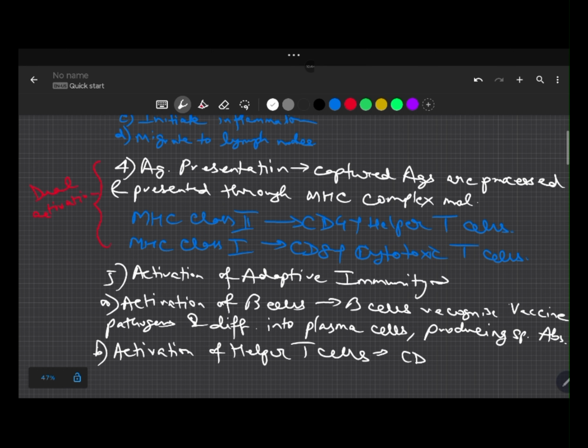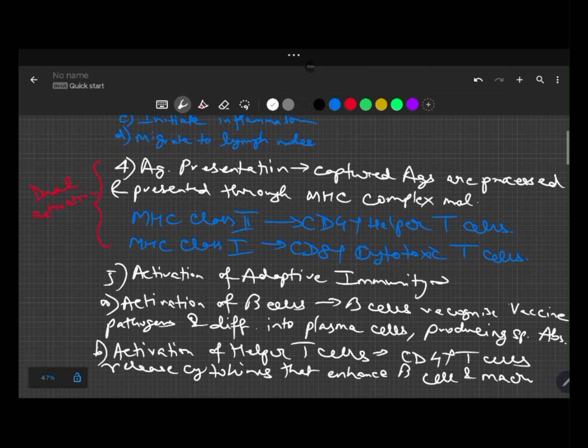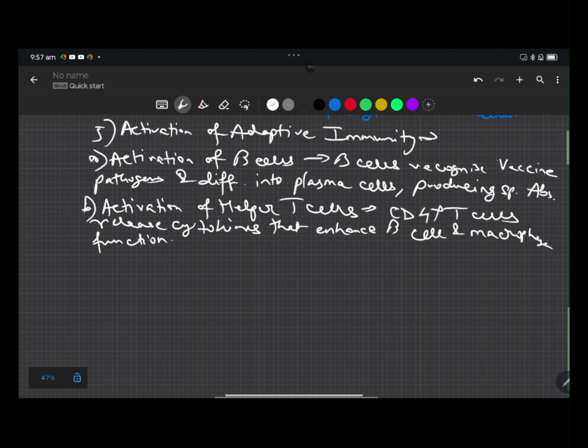CD4 plus helper T cells release cytokines that enhance B cell and macrophage function. Okay, and then comes activation of cytotoxic T cells.